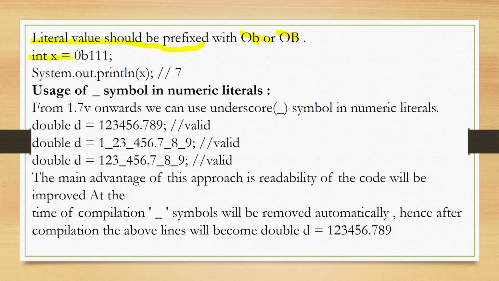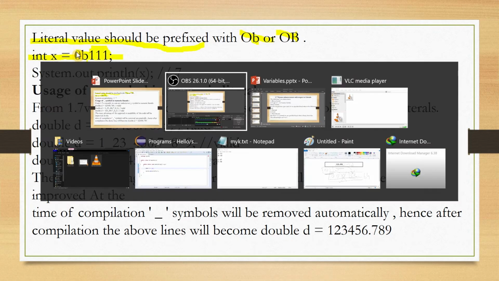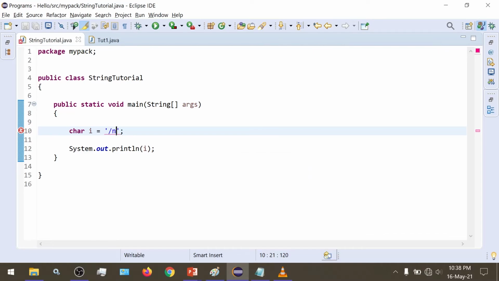Look at this example: here 0b and then 111. 111 here is a binary value, and to indicate that we are using a binary value, we specify 0b here.